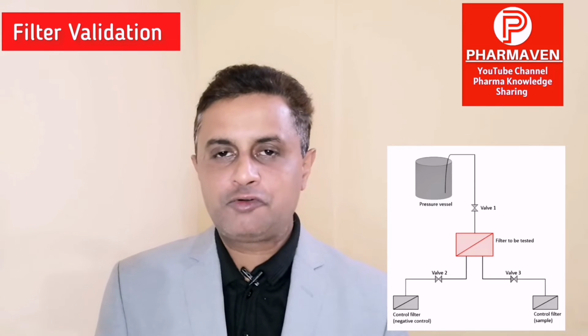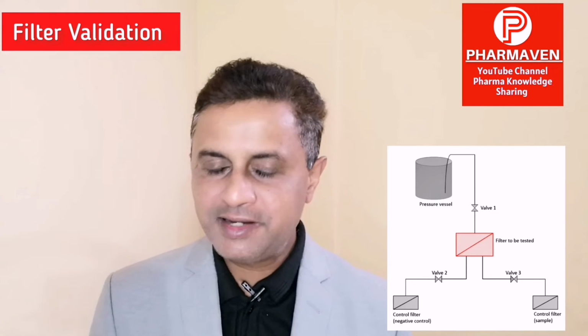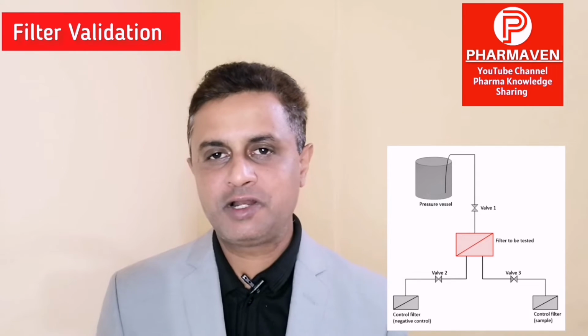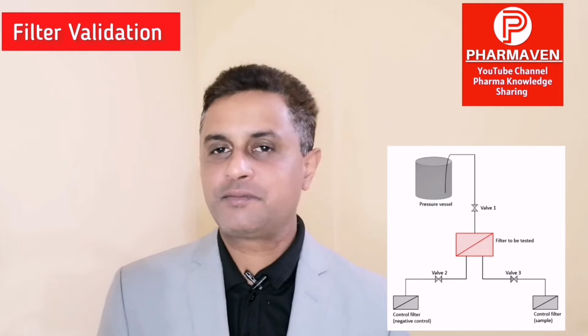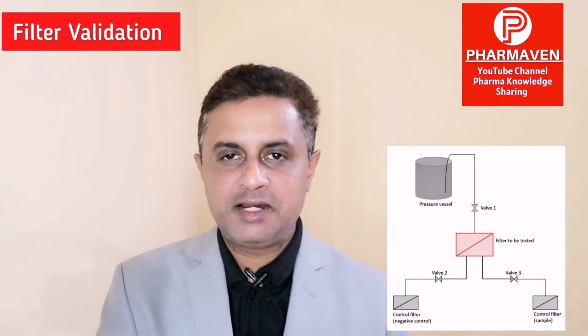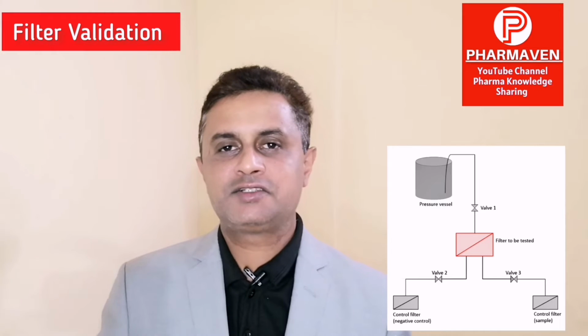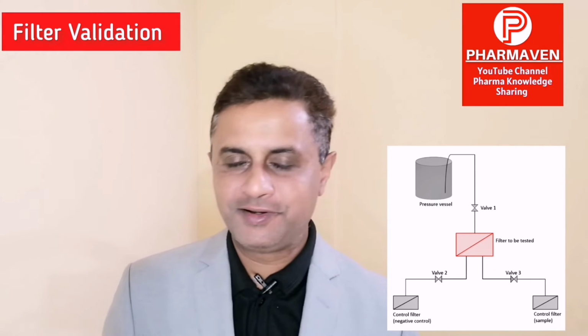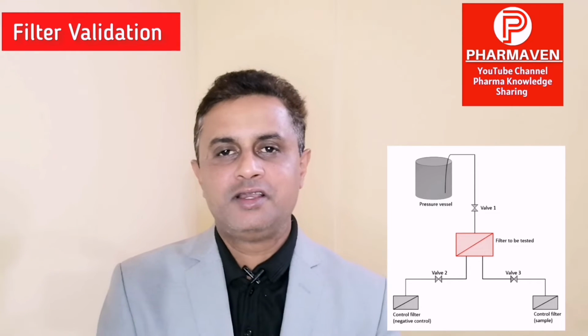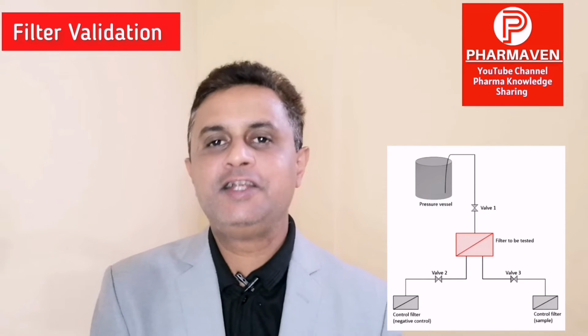The flow rate we have to keep is 1 liter per minute, and the pressure to apply is 30 psi. Pass sufficient volume to wet the entire test filter, as well as the negative control filter and the control filter.